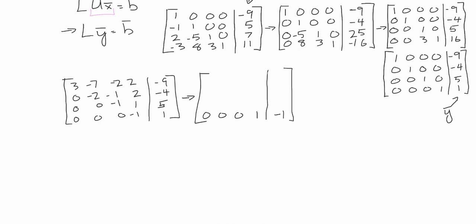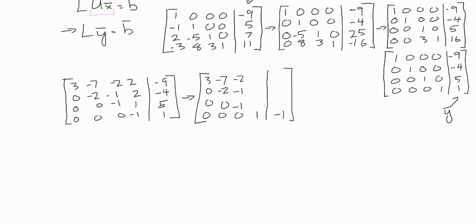Right, so columns 1, 2, and 3 will not change at all in this process. Just like in RREF, they would not change because of these zeros that are present here in the bottom row. What will change is that we'll get zeros all the way in this column, and our solution vector is going to change.